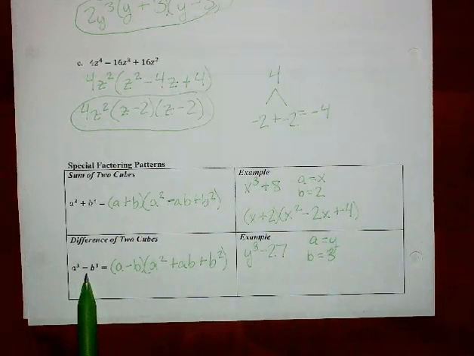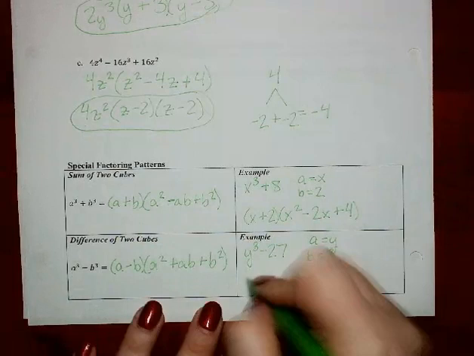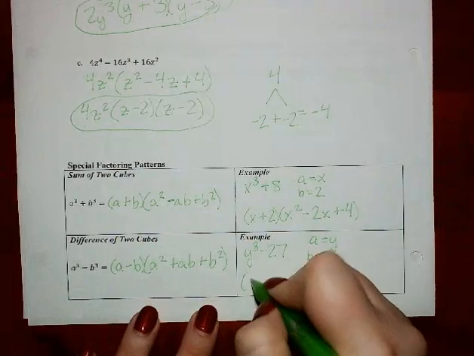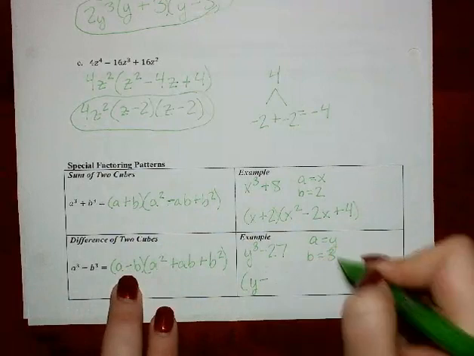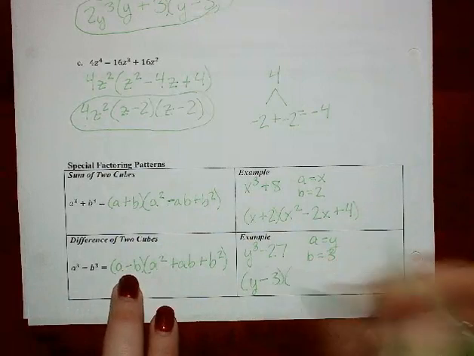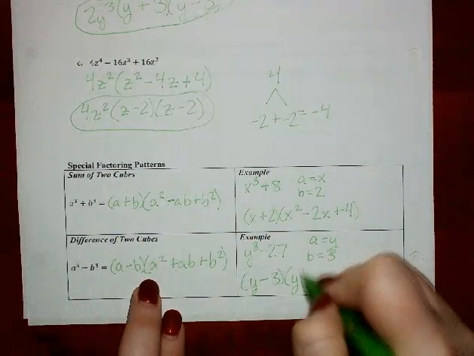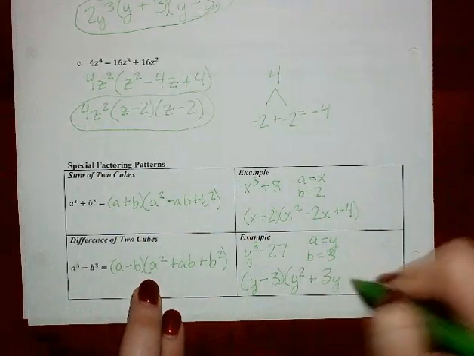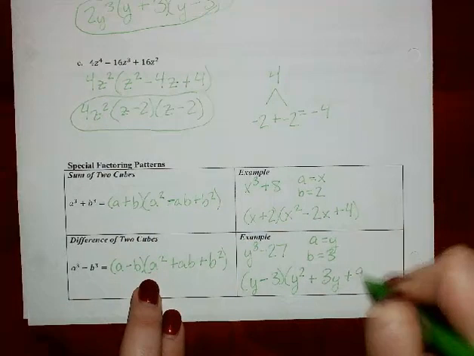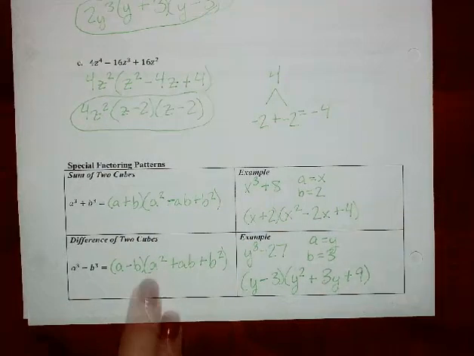So we just say 3, not negative 3 here. So we're going to do y minus, because this is a minus, our 3, and then y squared plus 3y plus 9. So we just plugged into our formula and got those answers.